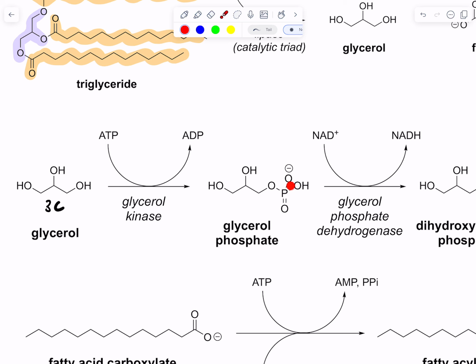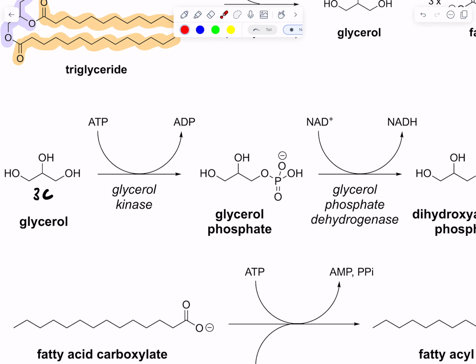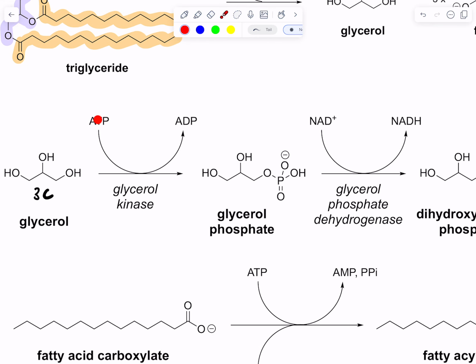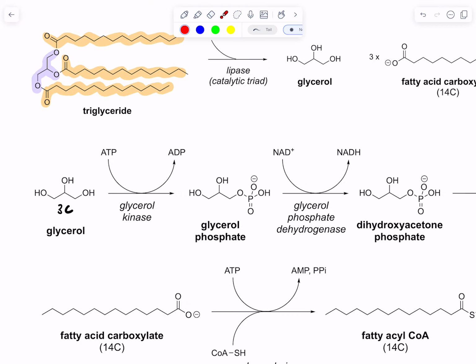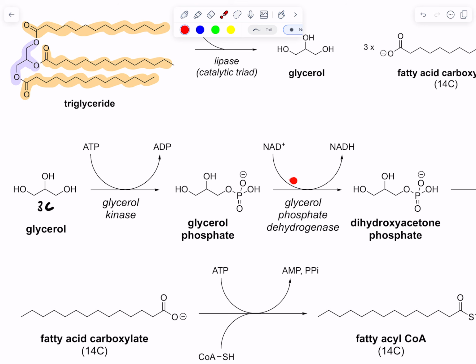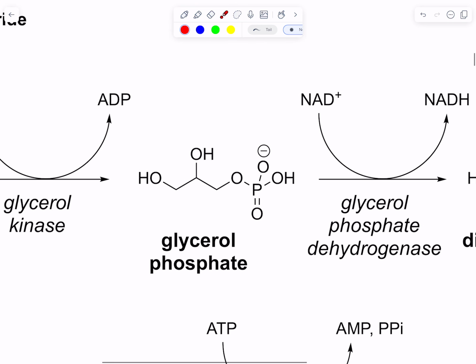Phosphoanhydride in ATP to phosphoester, you expect that to be downhill in energy because that's level 1 in ATP to level 2 in the phosphoester. Second, we're going to use NAD+ to oxidize the secondary hydroxyl of glycerol.